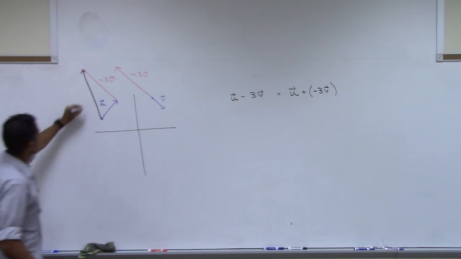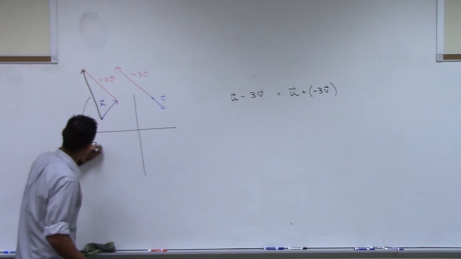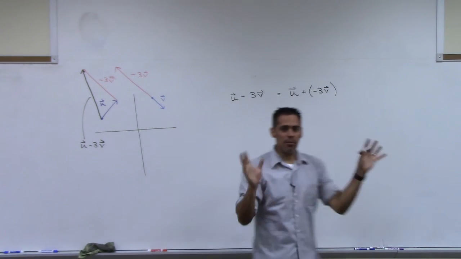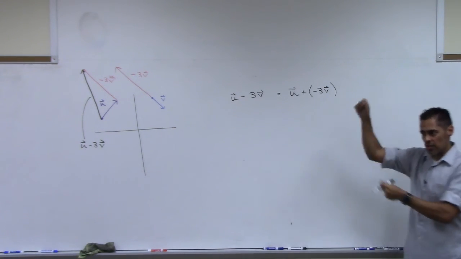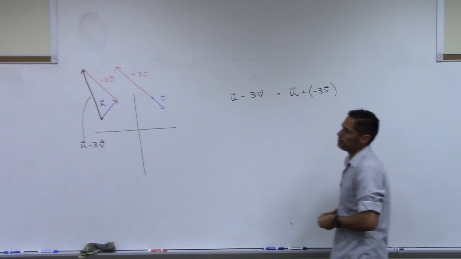That's it right there. This is u minus 3v. And then I can move that black one around anywhere I want, up, down, left, right. Just don't change the direction, don't change the length, and that is the vector.